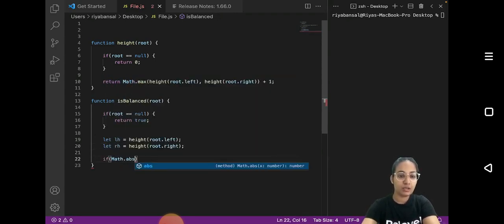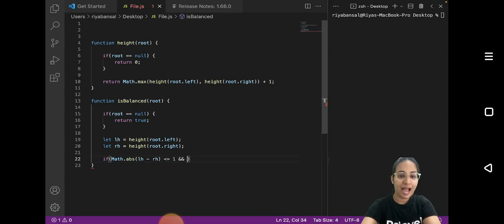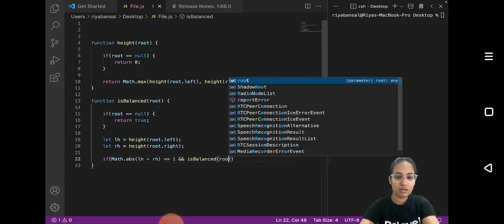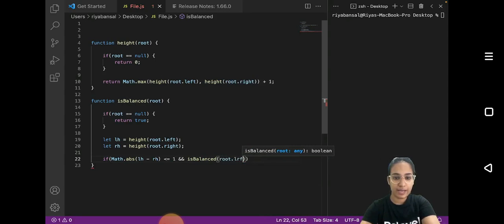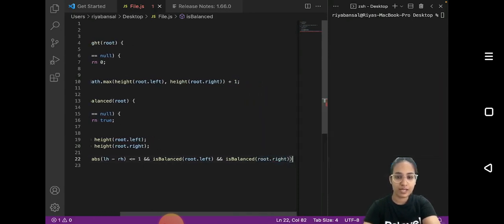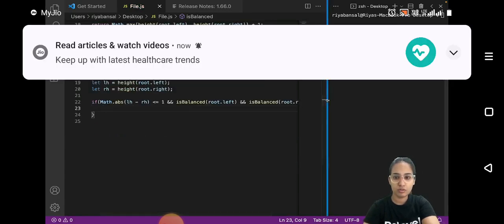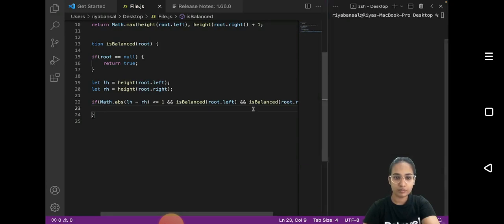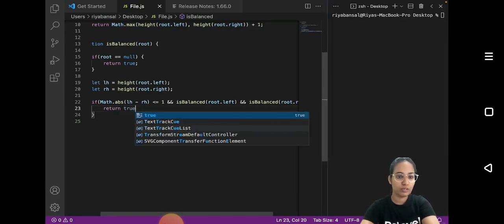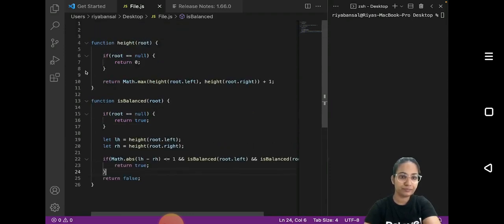If math.abs of the difference of the left and the right subtree heights is less than or equal to 1, and isBalanced of root.left is true, and isBalanced of the right subtree as well is true, then we return true. If any of these conditions does not hold, we will return false.